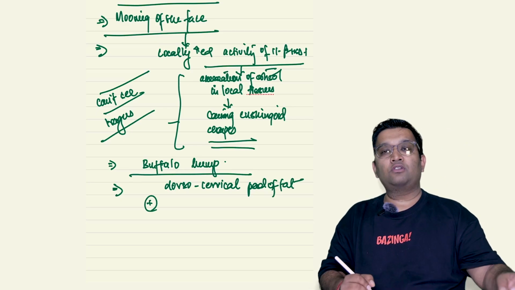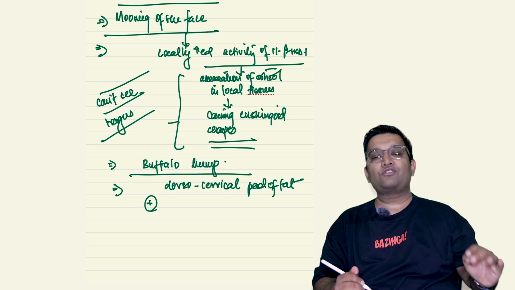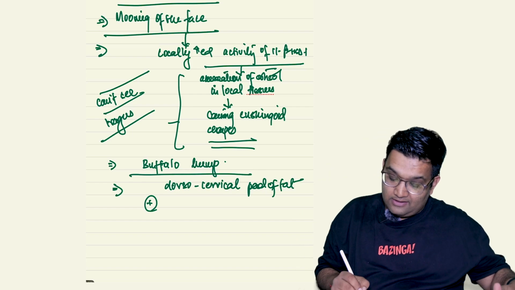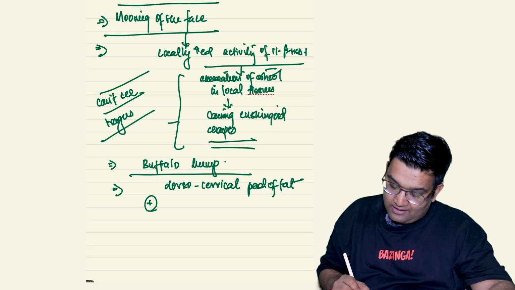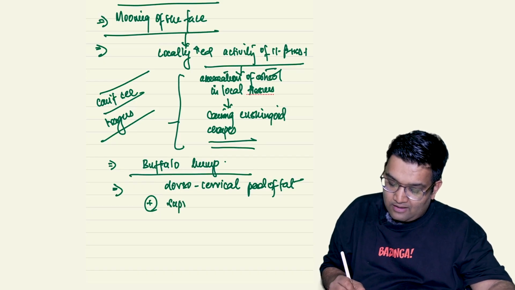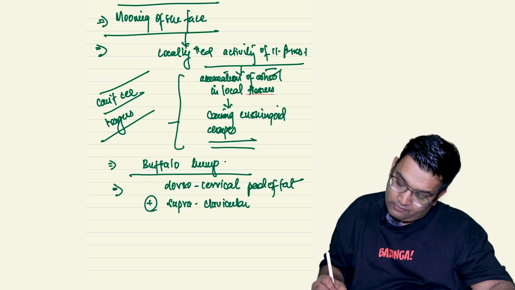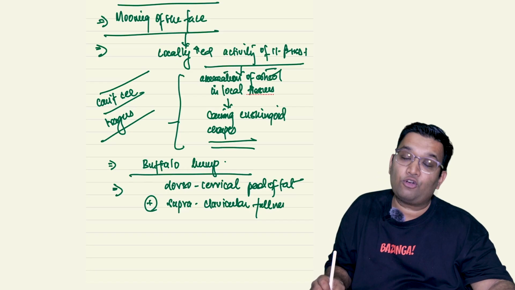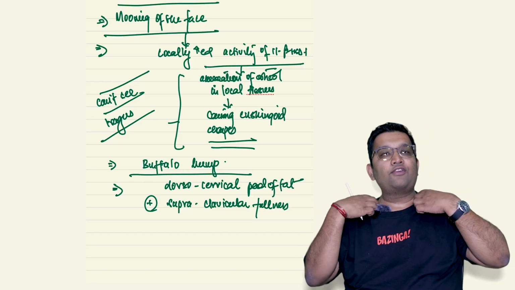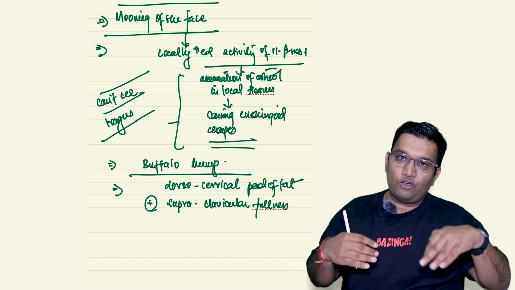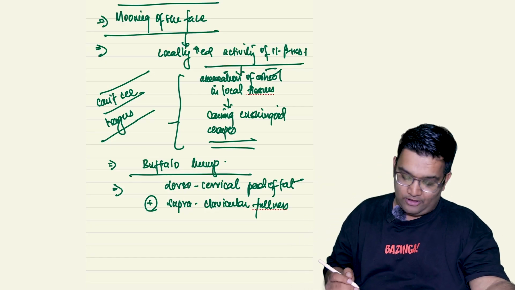So there is going to be a hump here. The other thing that is going to happen is supraclavicular fullness. So we will not be able to see the clavicular fossa.